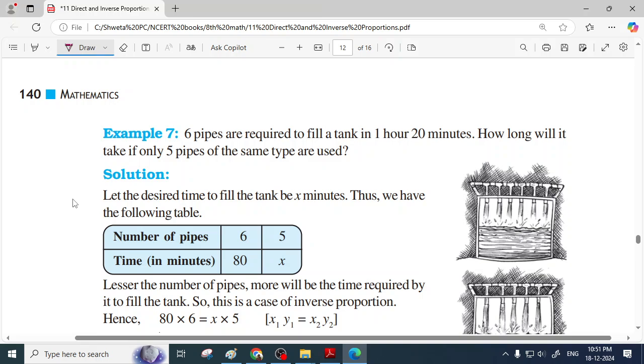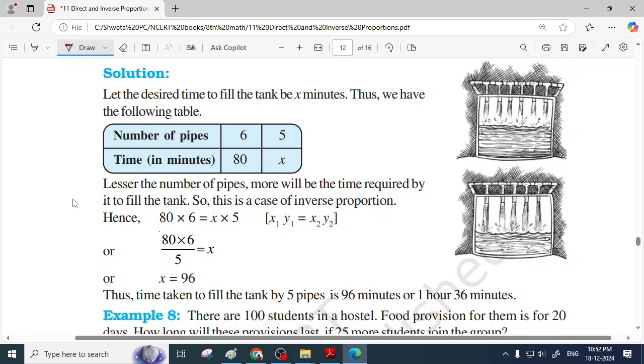Thus we have the following table: number of pipes 6, time 1 hour means 60 minutes plus 20 extra minutes, so this becomes 80 minutes. How long will it take if only 5 pipes are used? Number of pipes is decreasing, so time required will increase.